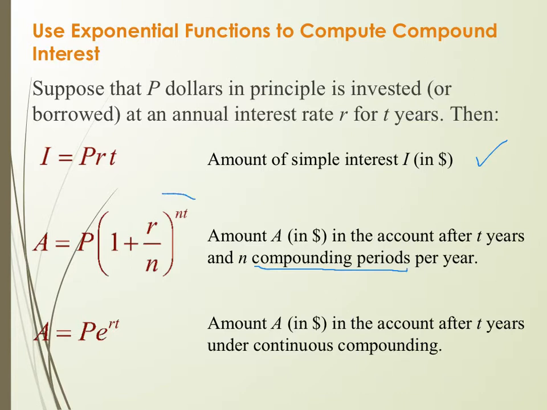And so that's our major compounding formula for interest and the amount left in the account. The other formula is compounding continuously, and in that case we're using A is equal to P e raised to the RT.